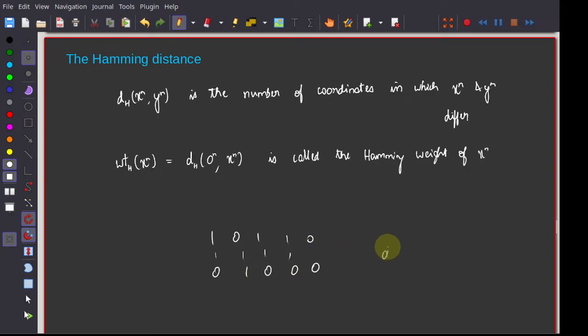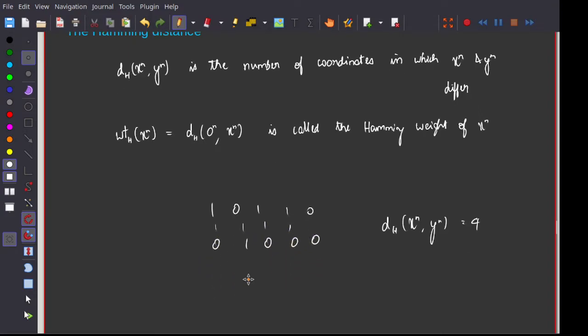So therefore the Hamming distance dh of xn, yn is equal to 4. What are the Hamming weights of xn and yn? So the Hamming weight of this sequence is 3 because it has exactly 3 ones, and the Hamming weight of this is 1 because it has a 1.